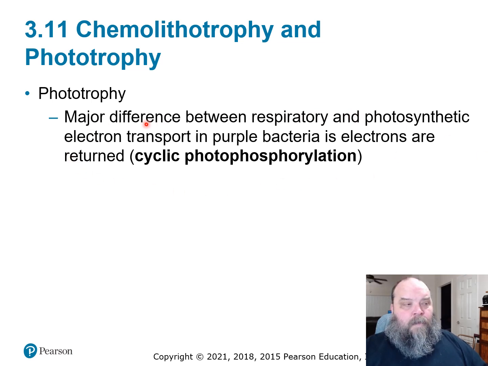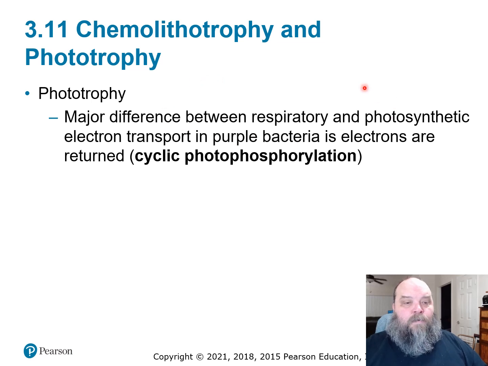Remember I just pointed out on that slide with the picture, what is referred to as cyclic photophosphorylation. That purple bacteria keeps recycling the same electrons over and over and over. Excites them, passes them on to the cytochromes, bleeds the energy, passes them back. Re-excites, passes them over the cytochromes, bleeds the energy, passes them back.